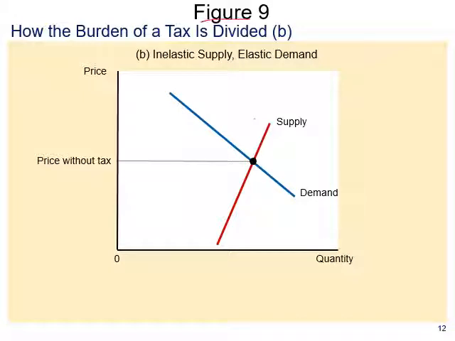In figure 9, panel B, we're dealing with inelastic supply and elastic demand. Again, the initial equilibrium of the market is where the supply curve and the demand curve intersect at this point, and we have the equilibrium price, the price without tax, at this point.